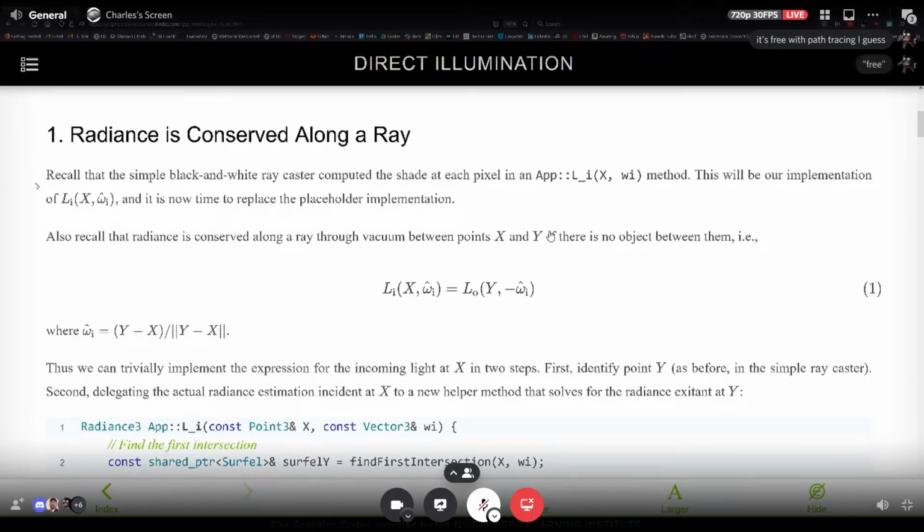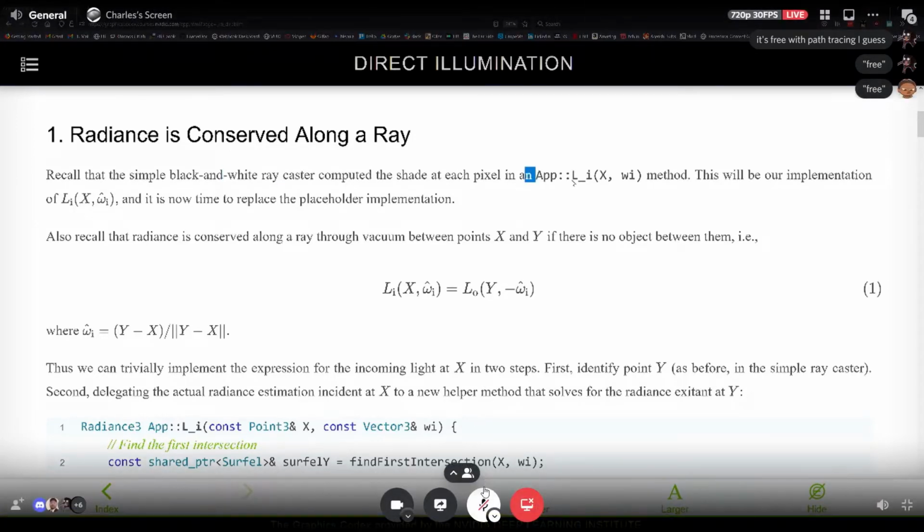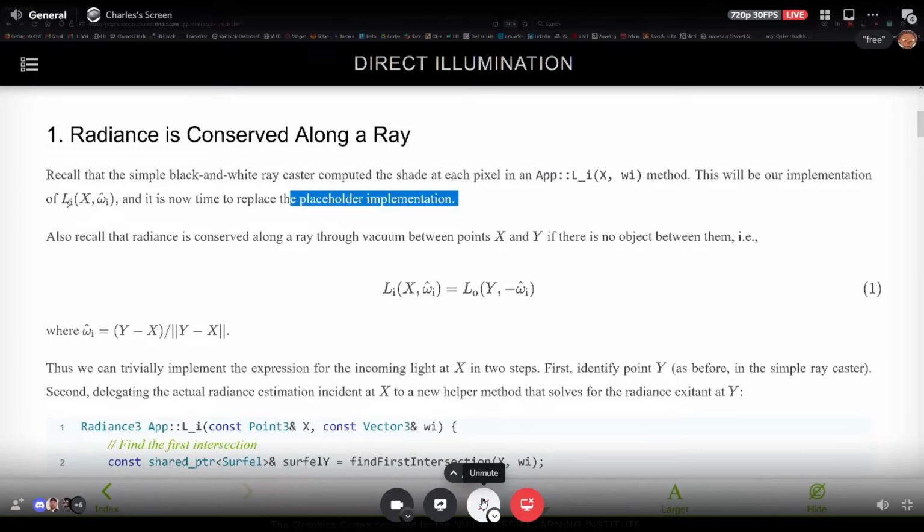We had a white and black raycaster where, was it white that we hit something, black we didn't? Yeah, the Li of X and omega hat.